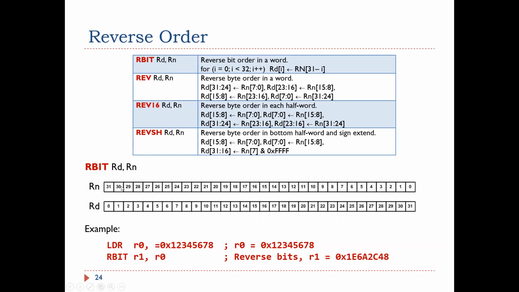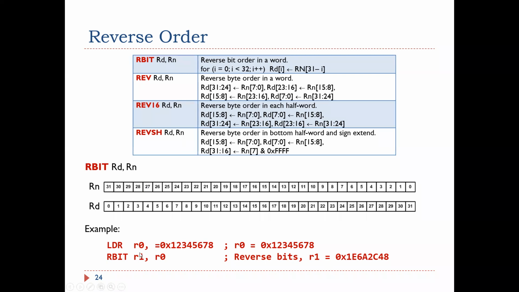And whatever is in bit 30 will become bit 1. So here you can see that the least significant bit will become the most significant bit, and so on, and the most significant bit will become the least significant bit. So here is an example of the RBIT.